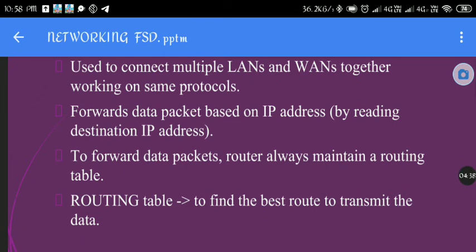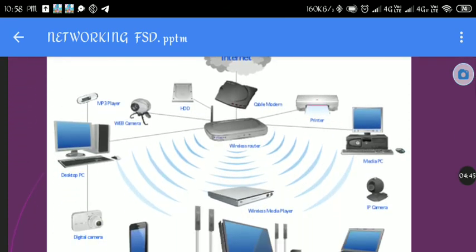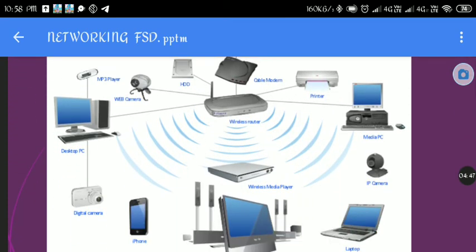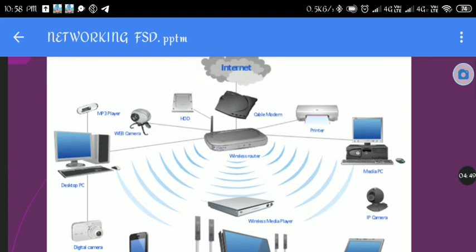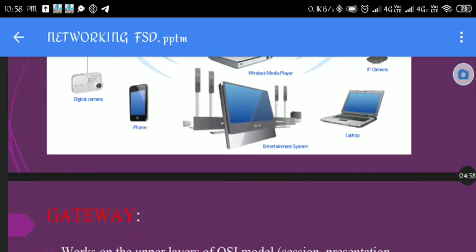A routing table is used to find the best route to transmit the data. This is an example diagram of a router. We choose the router to find the shortest path to transmit the signal.